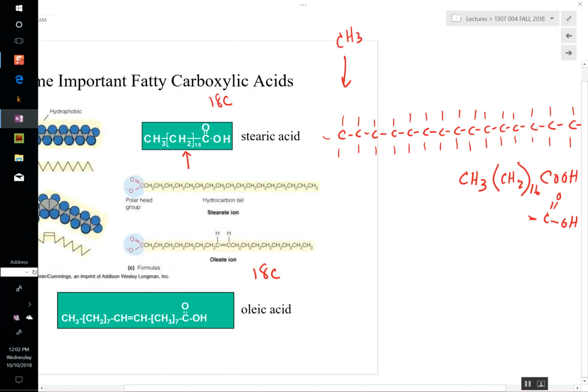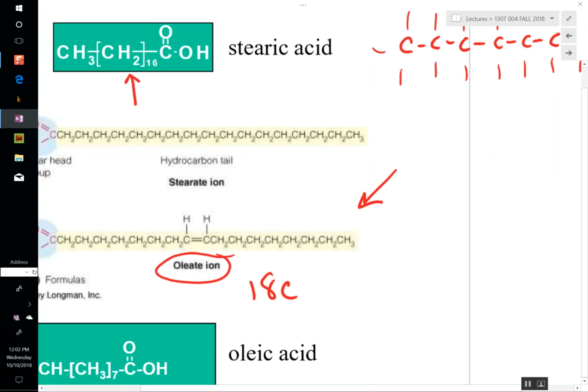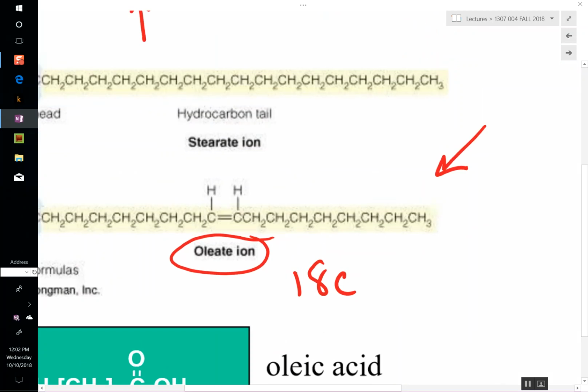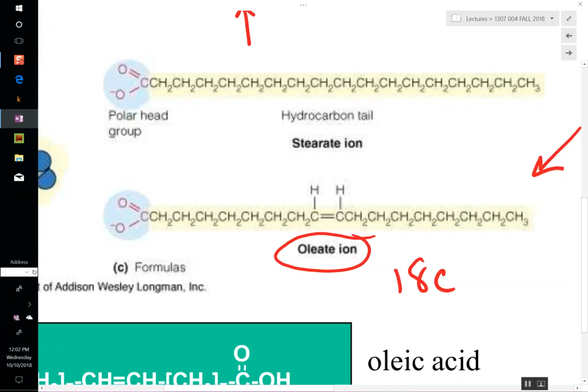And then over here, oleic. Now they've just taken the hydrogen off and have changed the name to oleate, the oleate ion. You've got a double bond here. You see that?